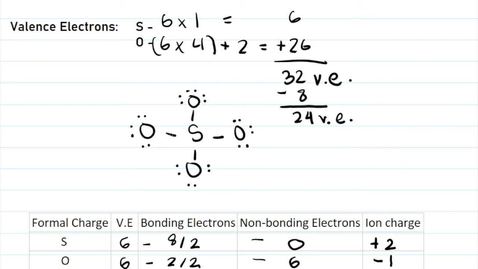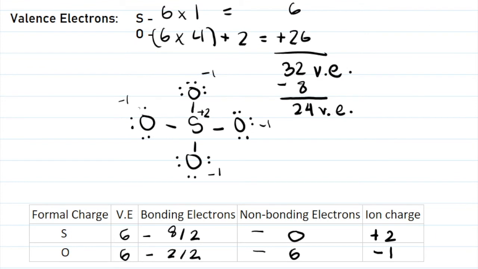So in this case, sulfur is going to be plus 2, and oxygen is going to be minus 1. Now for formal charges, you need to make sure that the total ion charge is as close to 0 as possible. So you see plus 2 for sulfur here. We're going to try to make that as close to 0 as possible.